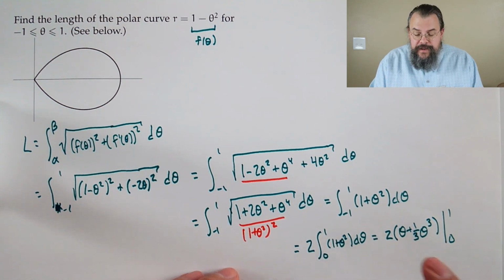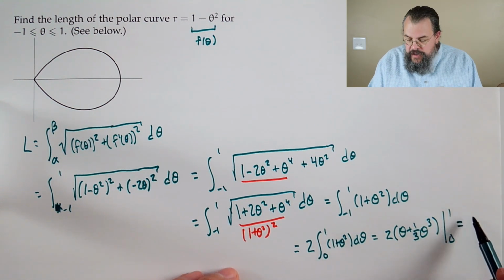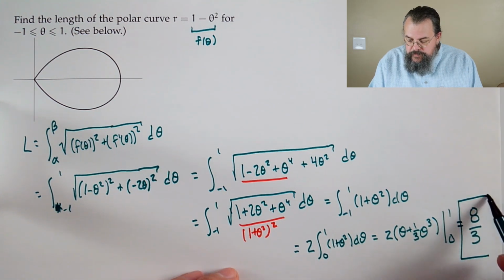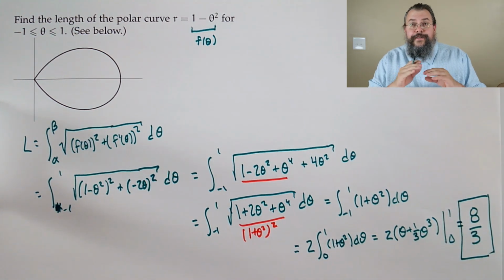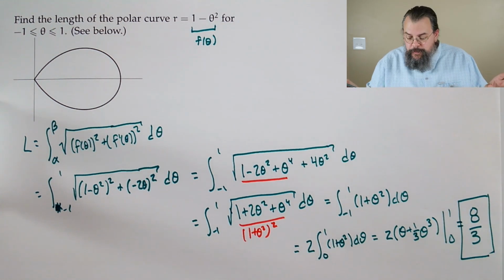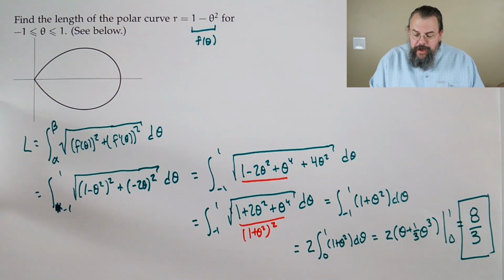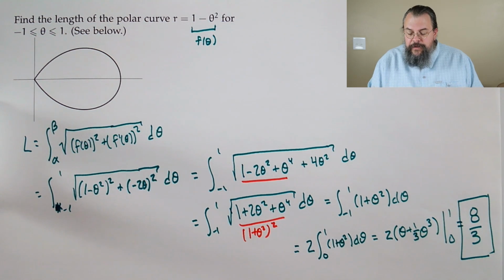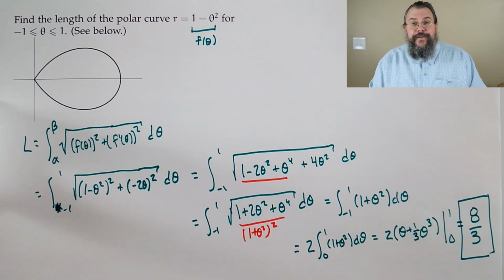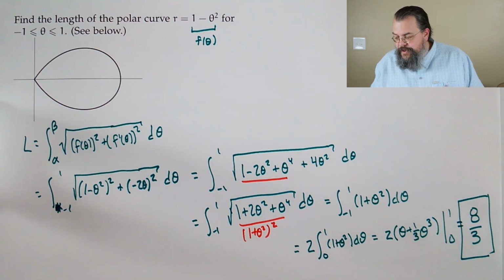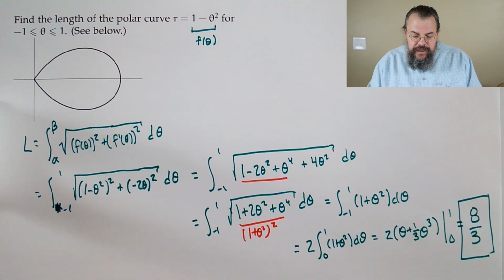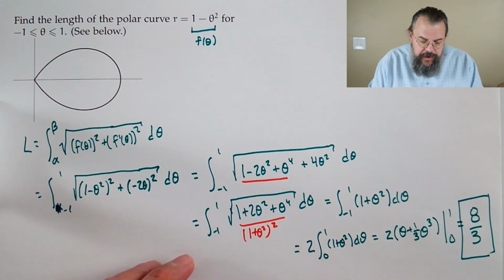But remember, we doubled, so we end up with 8/3. And we're done. Beautiful. What a fun problem. And it worked out rather nicely, almost as if it was meant to be. Well, certainly some thought was put into it so that we could end up with a nice square there.